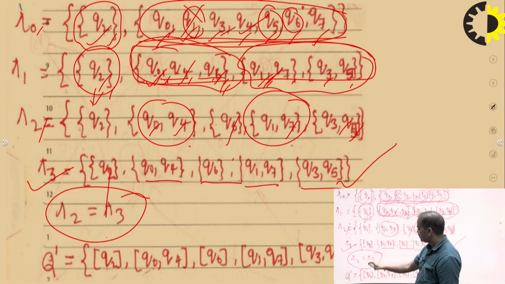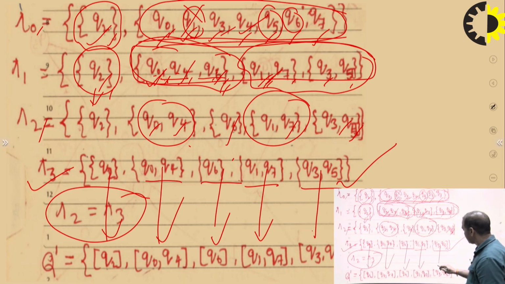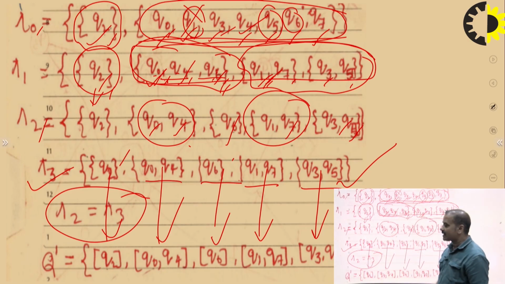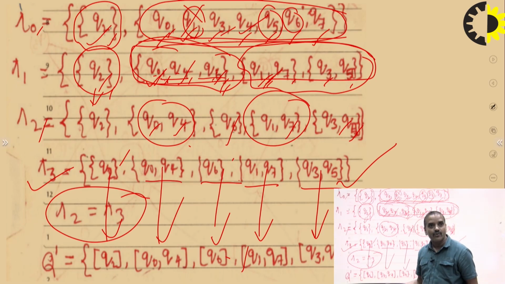We have here Q2, Q0, Q4, Q6, Q1, Q7, Q3, Q5. There is no change in sequence. We only change the shape of the bracket. If you are not interested in changing the brackets, there is no need, but try to decorate it.